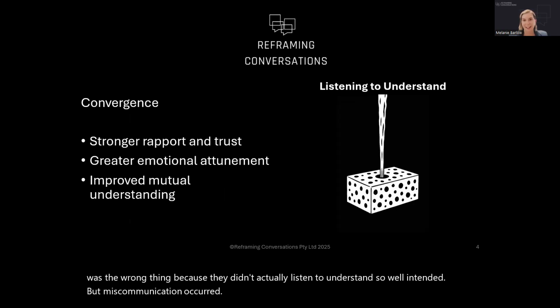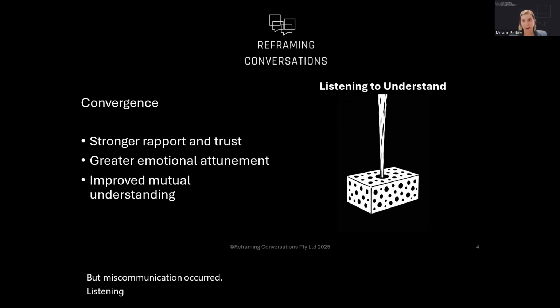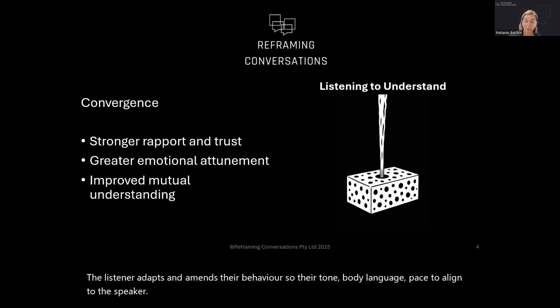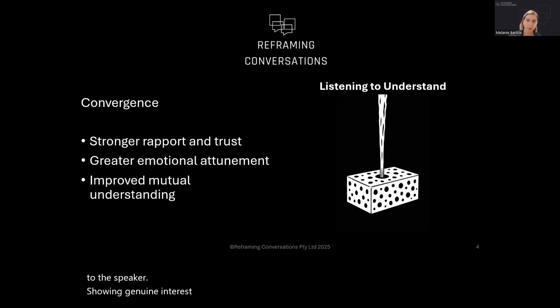Listening to understand is a more accommodative form of listening, and it reflects convergence. The listener adapts and amends their behavior, so their tone, body language, pace, to align to the speaker, showing genuine interest and empathy. It promotes stronger rapport and trust between communication partners.